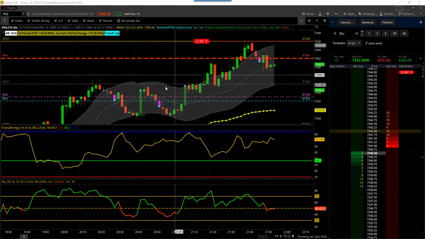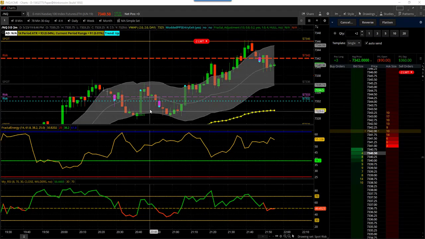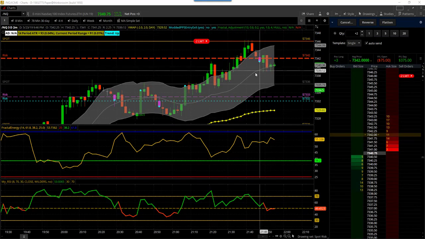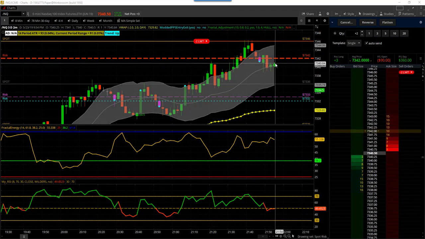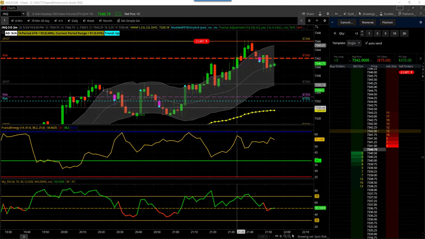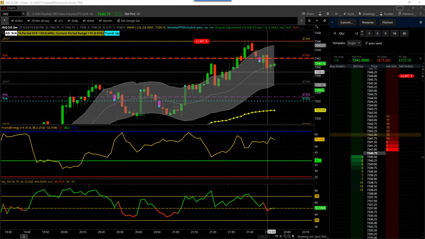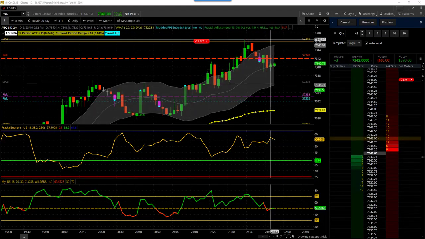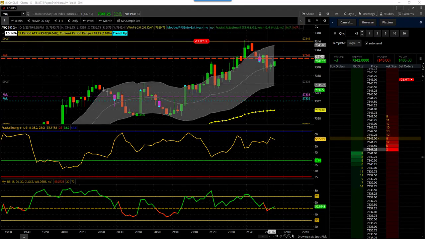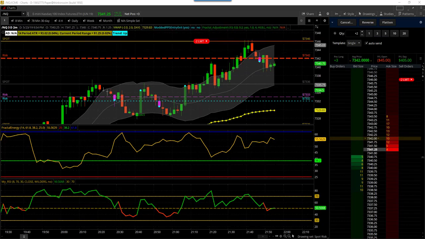Alright, so not much has changed since I had the video paused. We are still riding the center of the Keltner bands, and on the 1 minute charts that I watch, we are just starting to get a rise off the bottom of the Bollinger, which is forming a bit of a squeeze pattern. So we might be participating in a nice move to the upside.